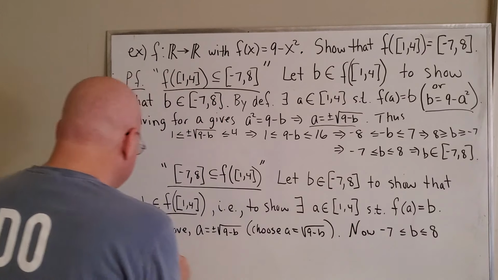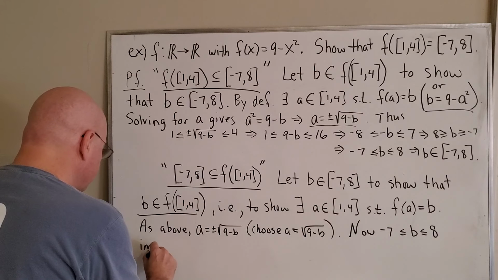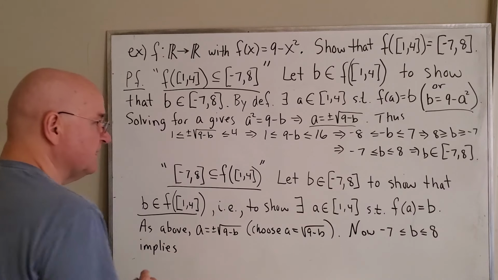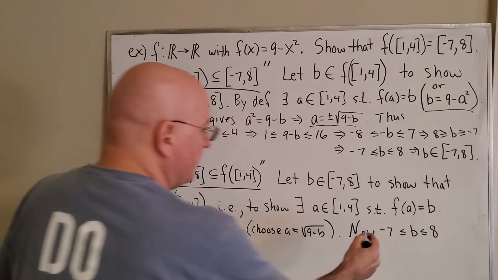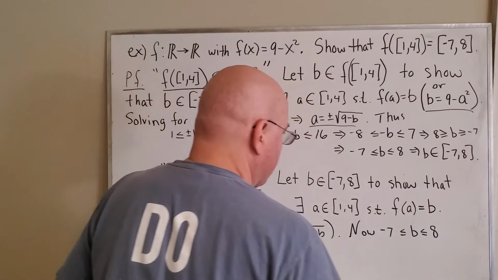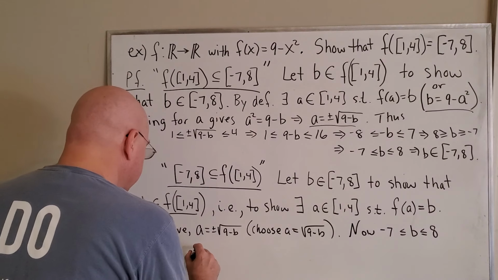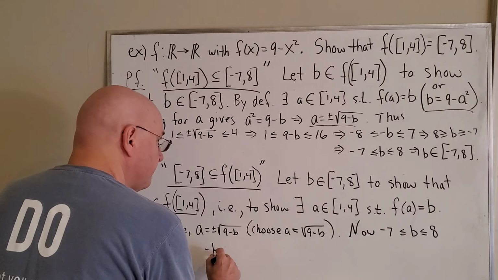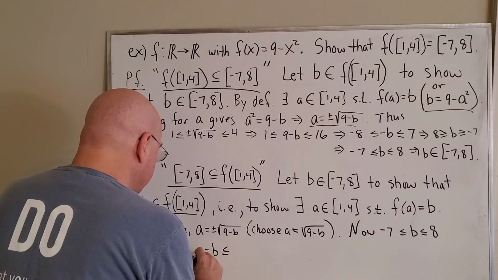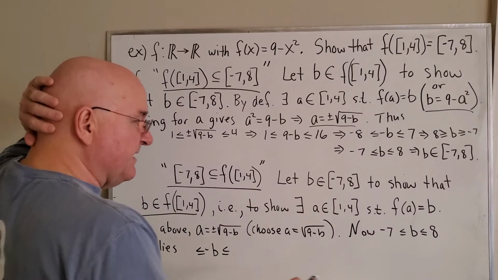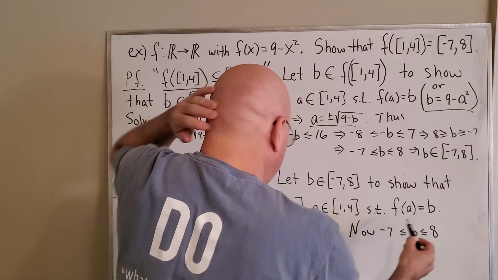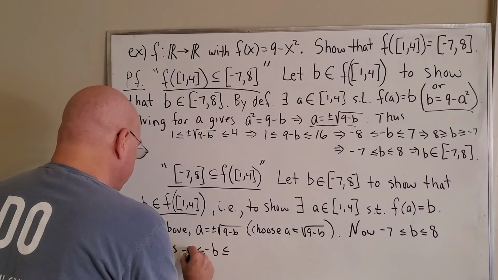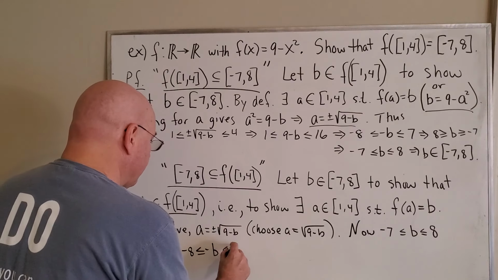Now that implies, let's see, if I get a negative b, I need to multiply this whole thing by a -1. So that's going to give me a negative b in the middle. If I multiply it by a -1, I get 7 ≥ b ≥ -8, which, if I flip it all the way around, I get that.